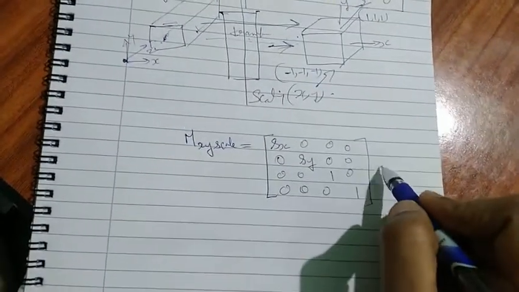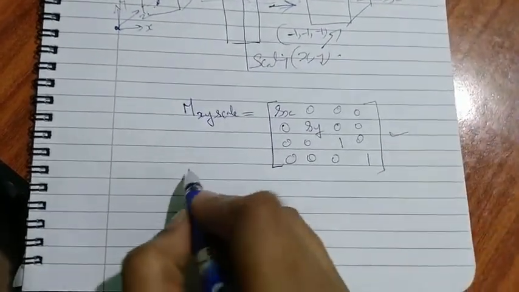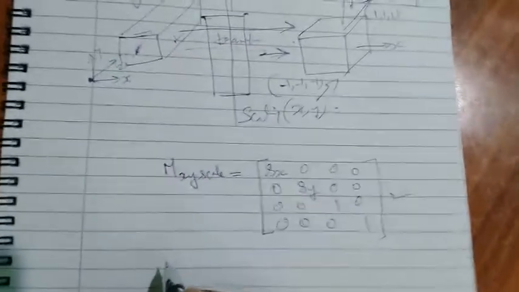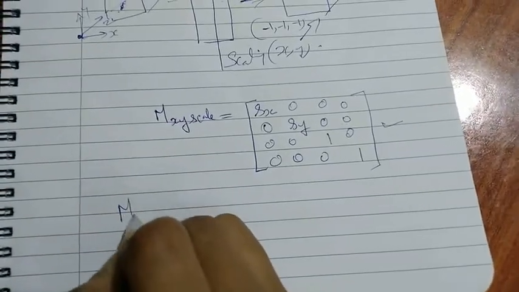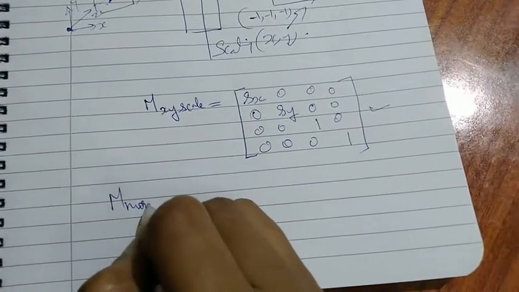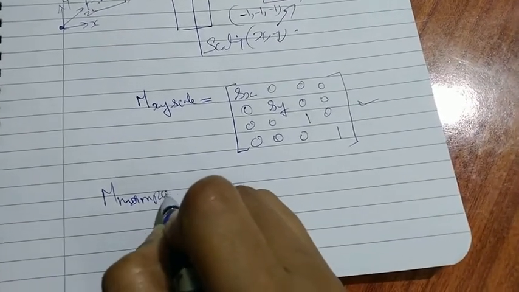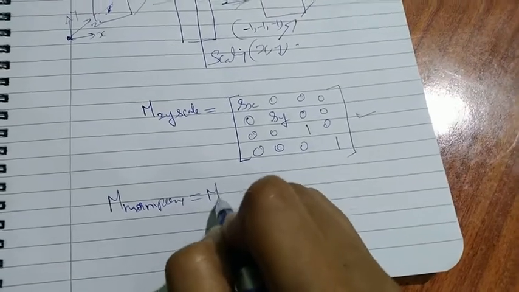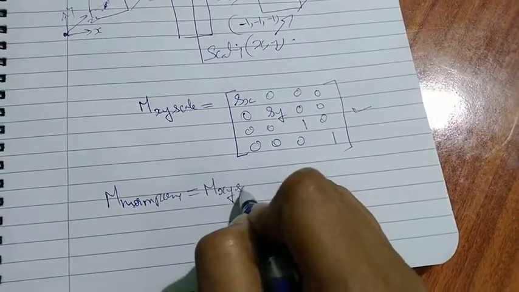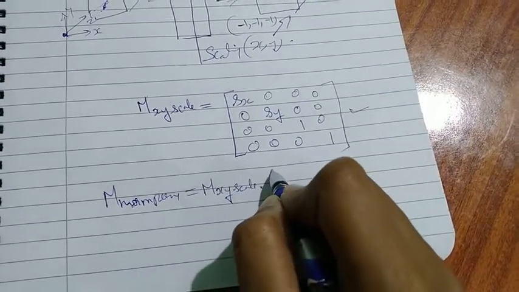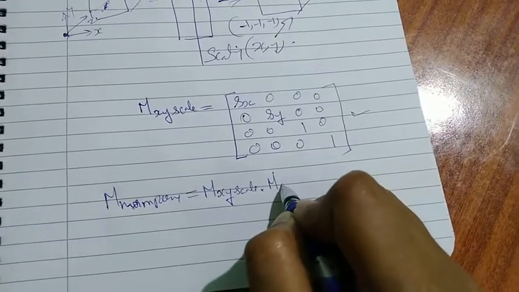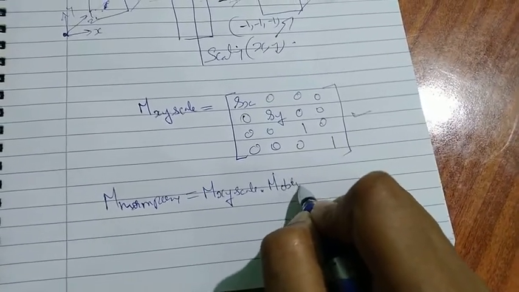For that we need a scaling matrix. So the overall matrix for a normalized perspective projection, N_norm perspective, is equal to the dot product of the scaling matrix with the oblique perspective matrix.